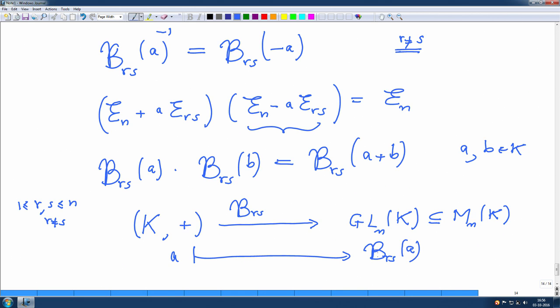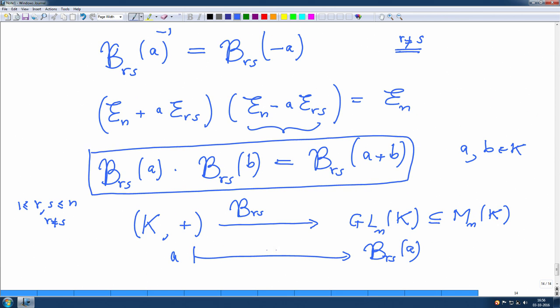We have seen this matrix is invertible, and this equation says that this is a group homomorphism, because addition here will go to the product here. This is a group homomorphism. Okay.